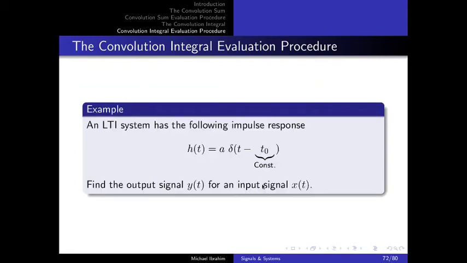Now, next example, an LTI system whose impulse response is an impulse function. So the impulse response h of t is now a, which is a constant, times delta of t minus t naught, and t naught is a constant. And now we need to find the output y of t for any input signal x of t.